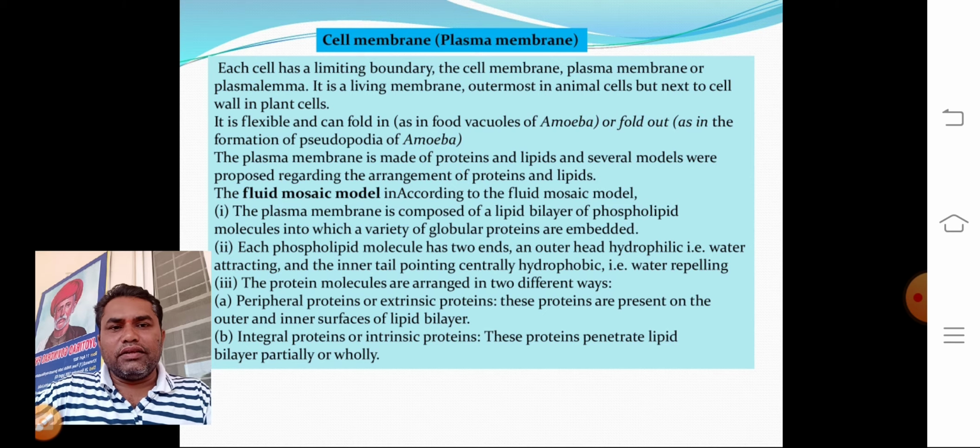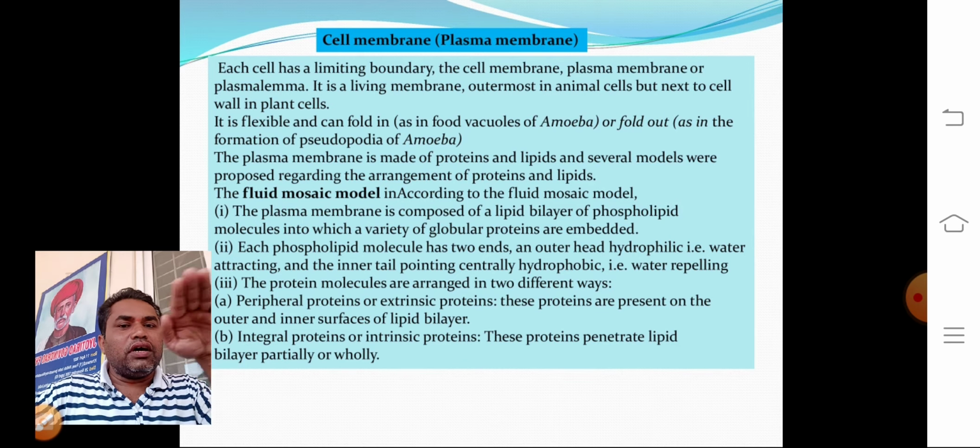Peripheral proteins are extrinsic proteins. These proteins are present on the outer and inner surfaces of the lipid layer, in the superficial regions.